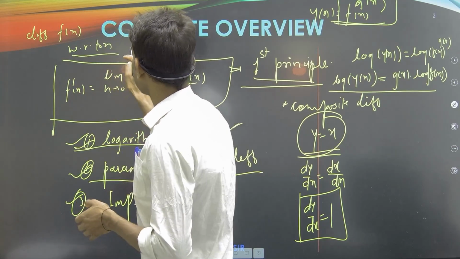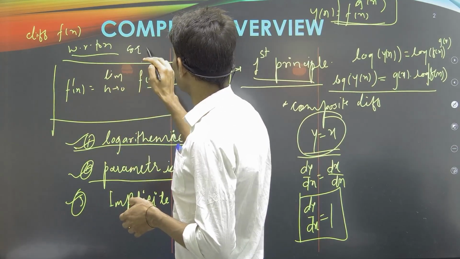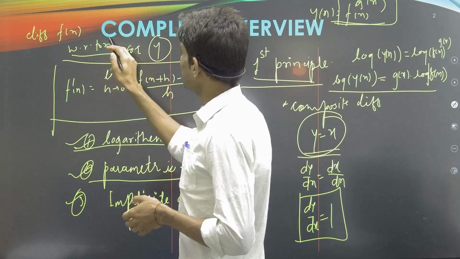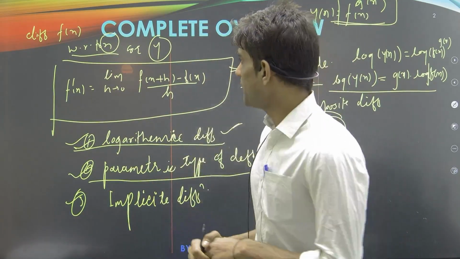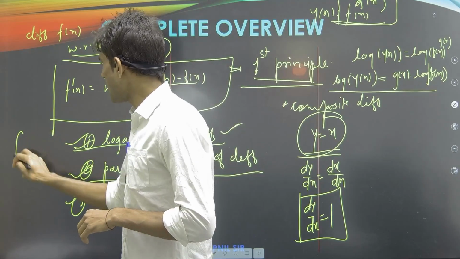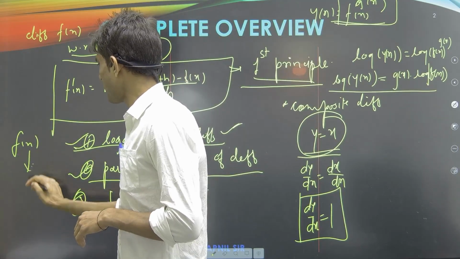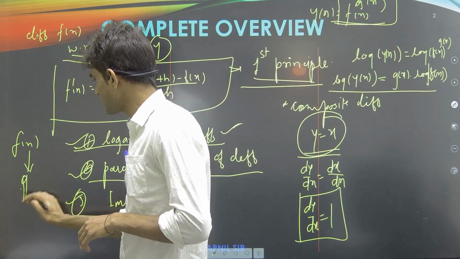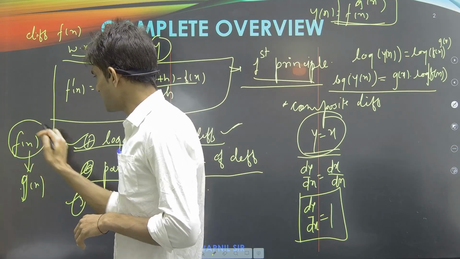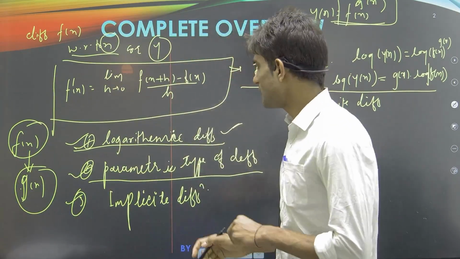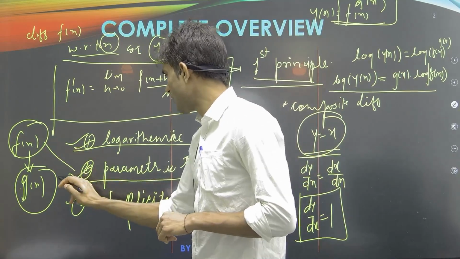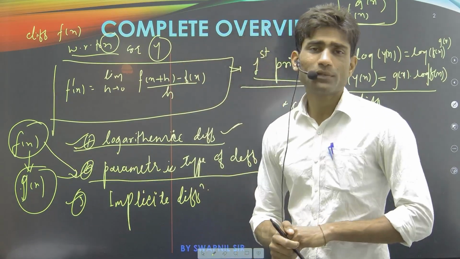But when we have a function f of x and we want the differentiation of f of x with respect to g of x, in such a condition we have to apply parametric type of differentiation.